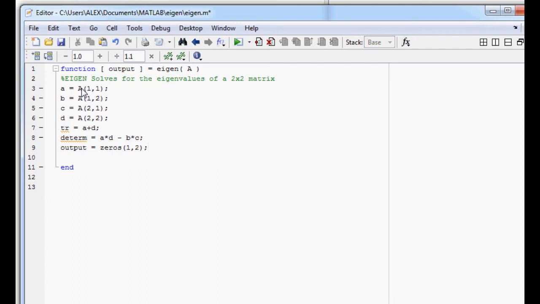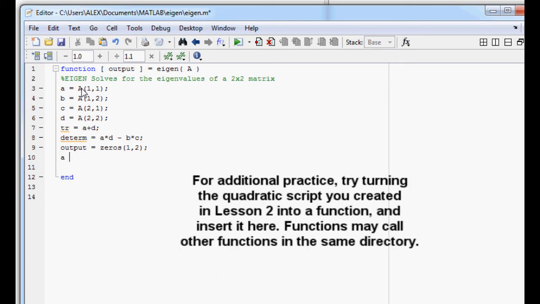Now all we have to do is solve for lambda. Using the same technique from lesson 2, we finish the computation with the quadratic formula: a equals 1, b equals trace, c equals determ, d equals square root, sqrt, of b to the power of 2 minus 4 times a times c.